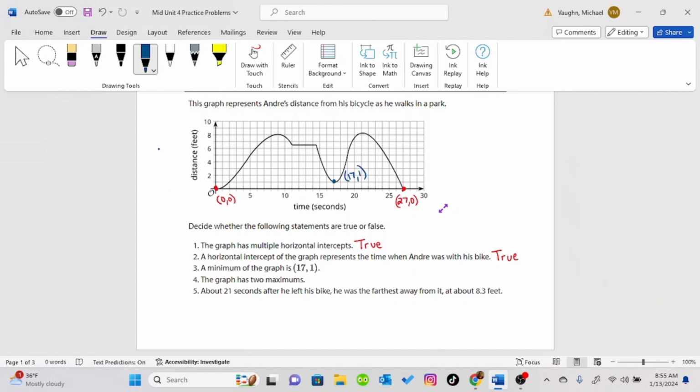Now that could be seen as a relative minimum because it's lower than the points around it, but it is not the minimum because the minimum would be the horizontal intercepts at 0, 0 and 27, 0 because a y value of 0 is less than a y value of 1. So this would be false.